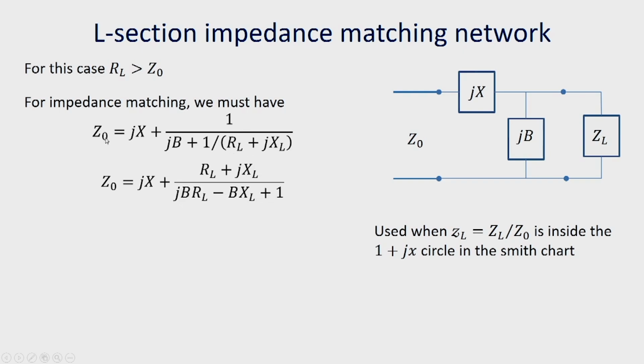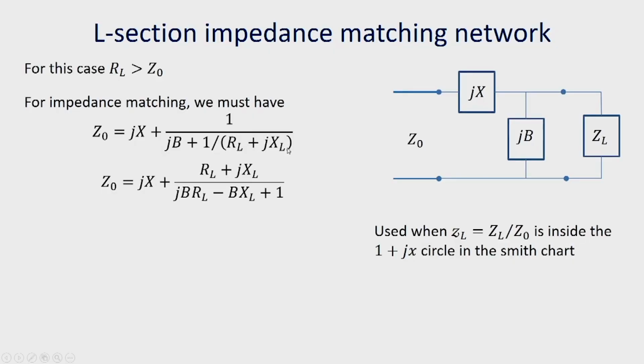So, if we multiply jB by RL plus jXL and also take RL plus jXL to the numerator, we get this expression, and then we can multiply this denominator term with jX and Z naught, and then we get this expression.